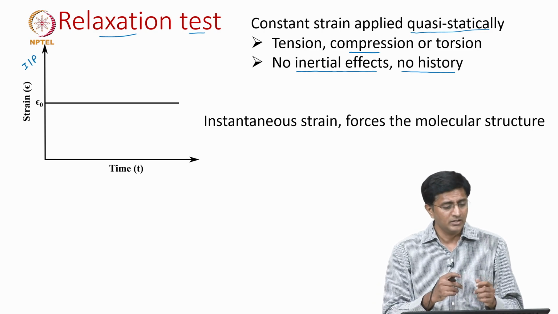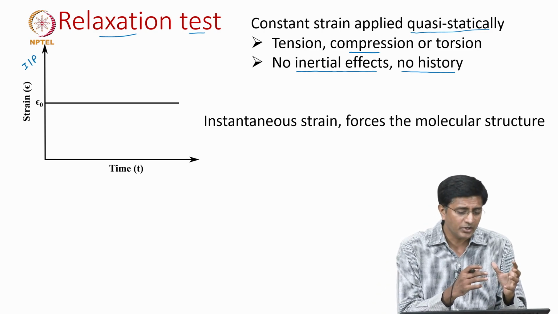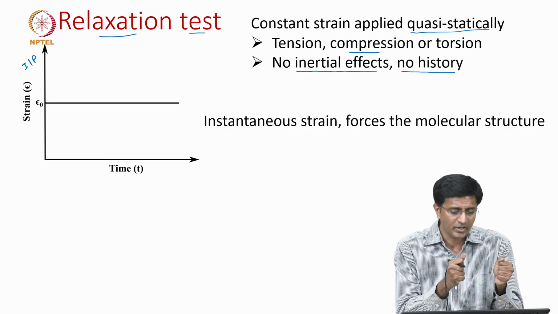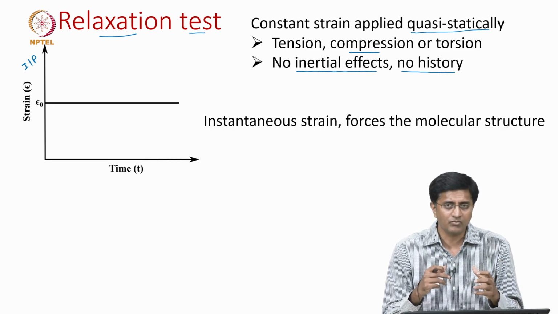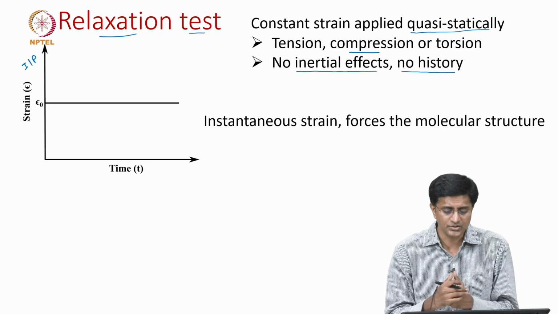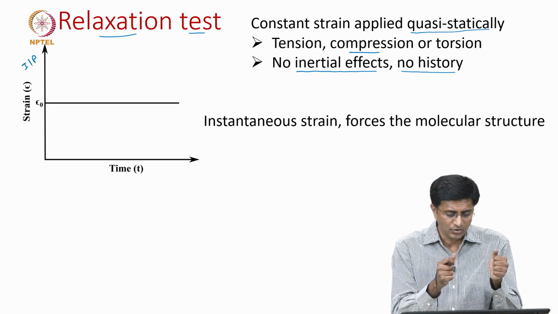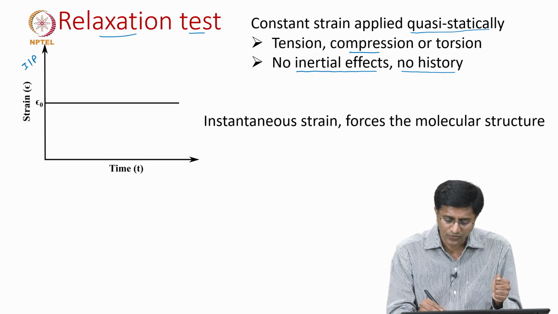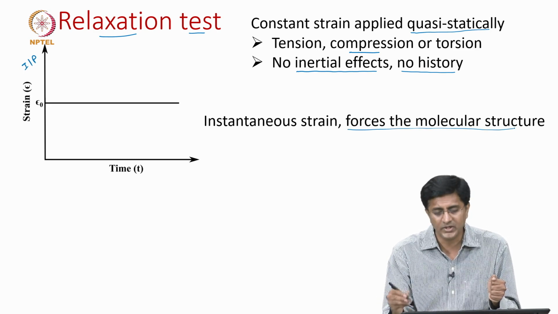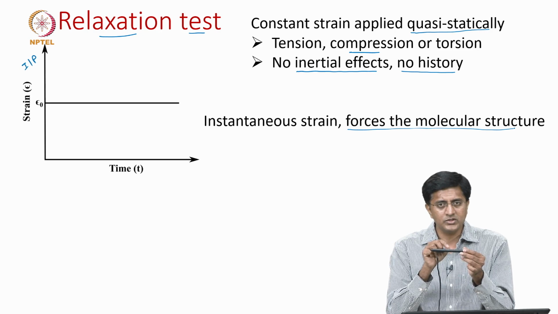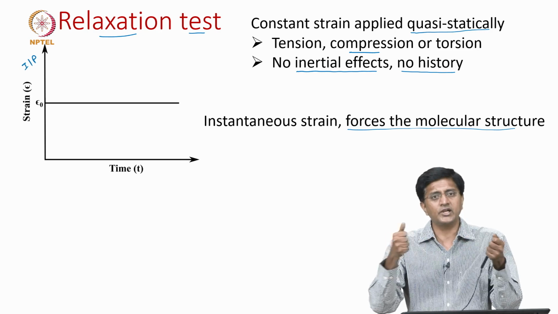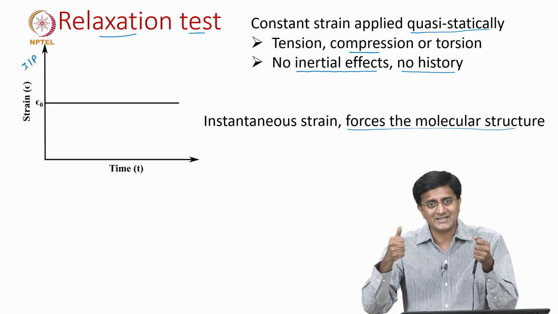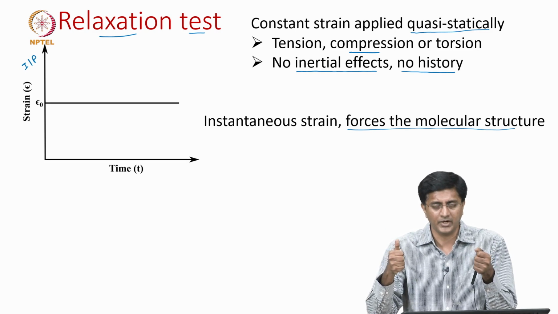So, now let us see, we have only talked about the input till now, saying that we apply a constant strain. But what is the response to this constant strain? Once we apply this strain, it forces the molecular structure, which means the molecules are forced to take a new shape because of the externally applied strain, right.